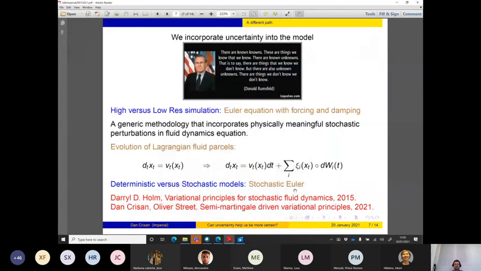Okay. Now, this idea was presented in a paper by our colleague Darryl Holm in 2015, and it has deep physical connections, in particular in relation with variational principles for stochastic fluid dynamics. If you know about this, it will be worth looking at because it really led to a lot of developments in this area of SPDEs.